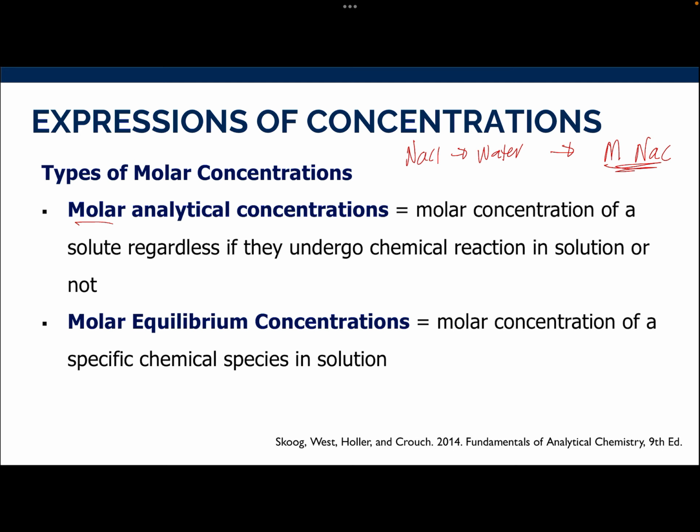And then if it is specified to calculate the Na+ ion or the Cl- concentration, that means the molar equilibrium concentration is what is being asked for. So these are specific chemical species present in the solution.